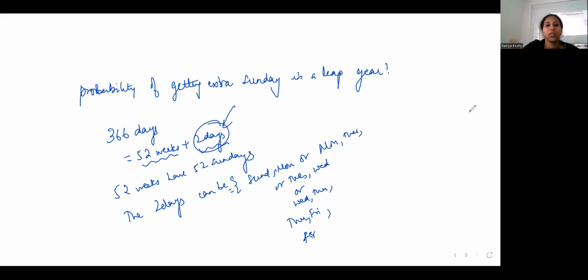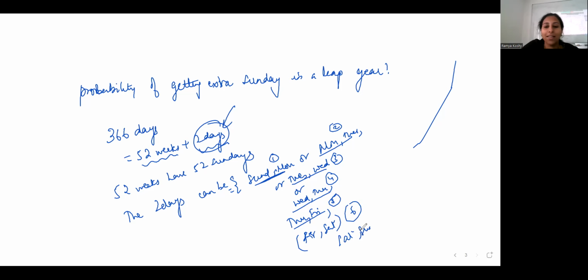So probability of getting extra Sunday in a leap year. You know it is 52 weeks plus 2 days. So the 2 days could be Sunday, Monday. That's one possibility. Monday, Tuesday, Tuesday, Wednesday, Wednesday, Thursday, Thursday, Friday, Friday, Saturday, or Saturday, Sunday.